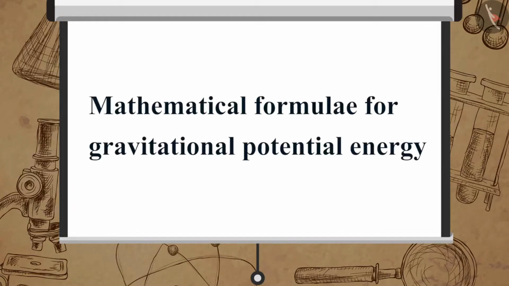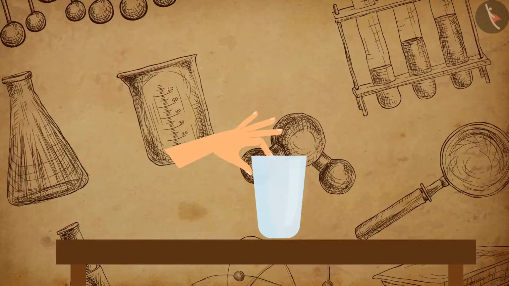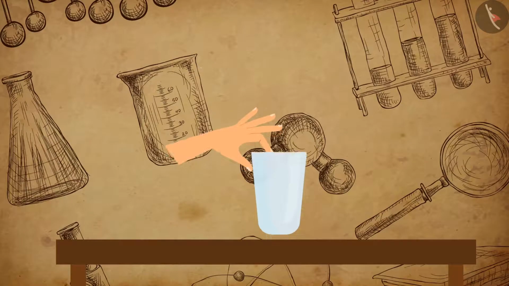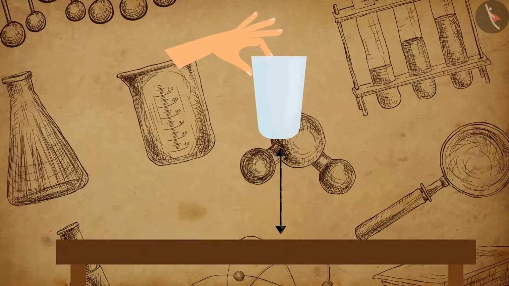Now, let us derive the mathematical formulae for gravitational potential energy. Suppose an object with mass m is raised from the ground through a certain height h. The force required to raise the object is equal to the weight of the object, that is mg.